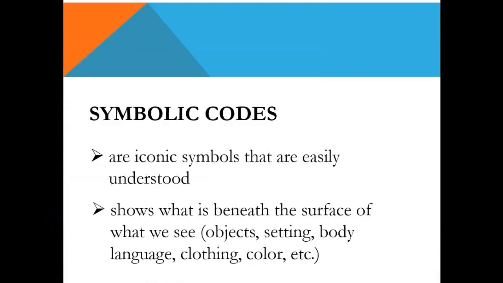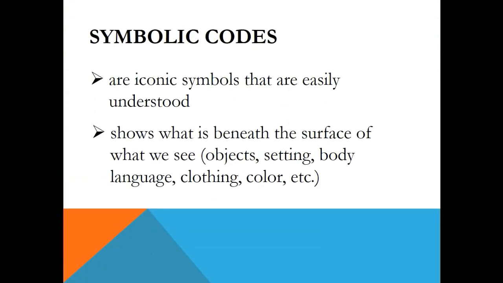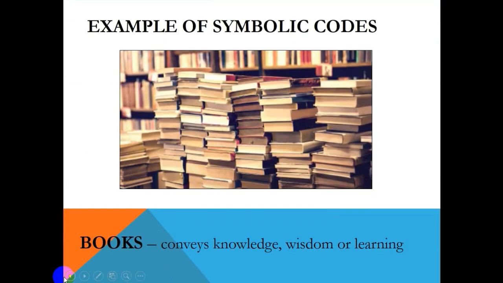Let us first discuss symbolic codes. Symbolic codes are iconic symbols that are easily understood. It shows what is beneath the surface of what we see, like objects, setting, body language, clothing, color, etc. An example of symbolic code is an image of books. Books conveys knowledge, wisdom, or learning.